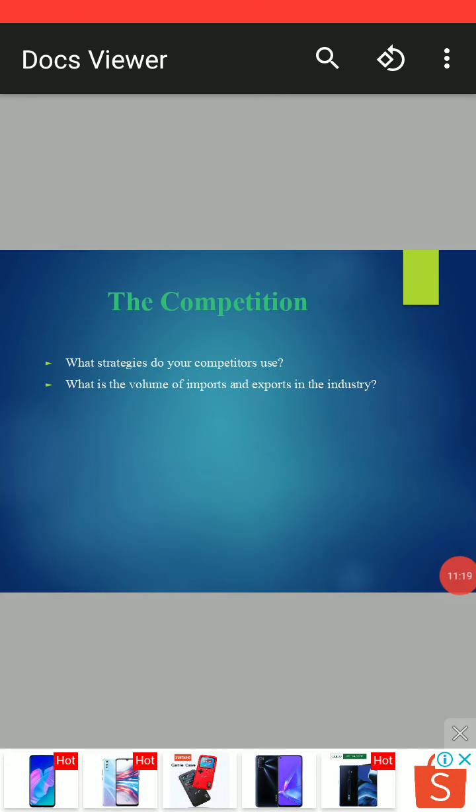Competition. First question here, what strategies do your competitors use? Multi-domestic firms cannot remain with the same strategy. Let's say if other companies that are applying transnational or international strategy have attacked the market, they need to change or transform to a better strategy, which is transnational.